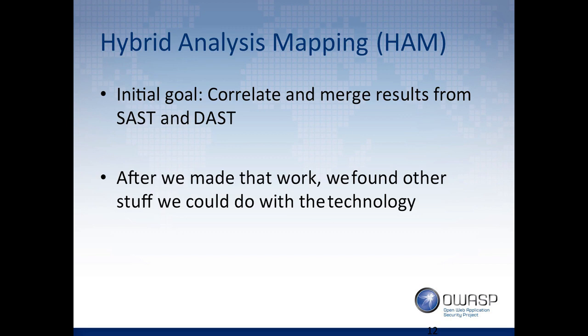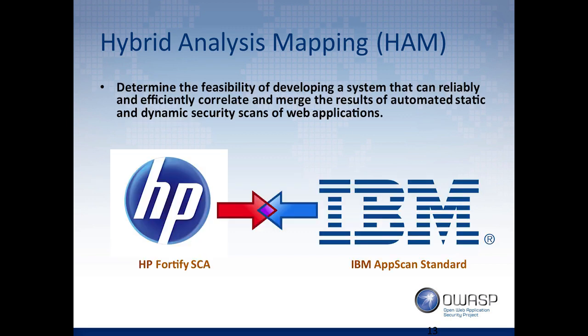The initial goal for this technology was to correlate and merge results between static and dynamic testing. After we made that work, we found other stuff that we could do with the technology. Very specifically, our original goal was to determine the feasibility of correlating between HP Fortify, which I guess is now Micro Focus Fortify SCA, whatever that ends up being called, and IBM AppScan Standard.